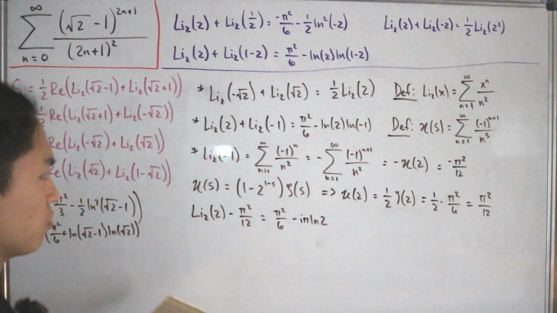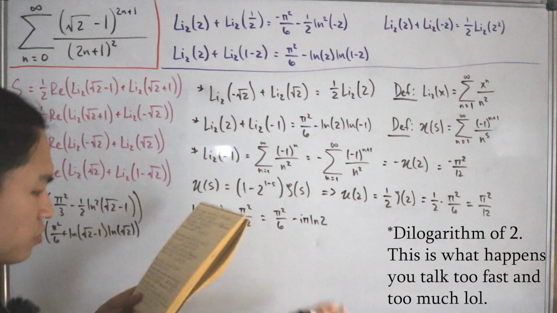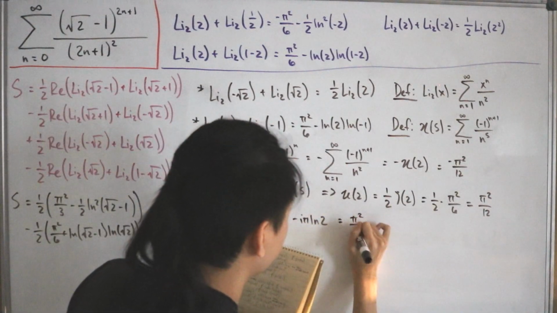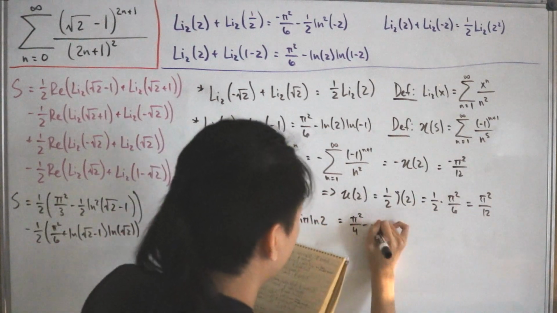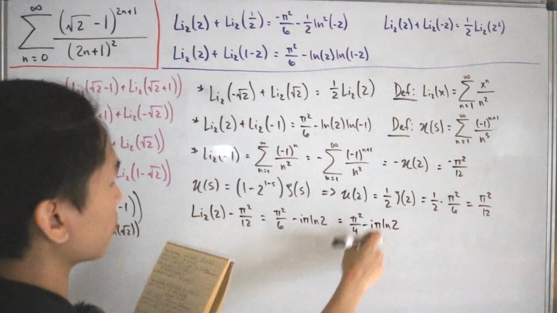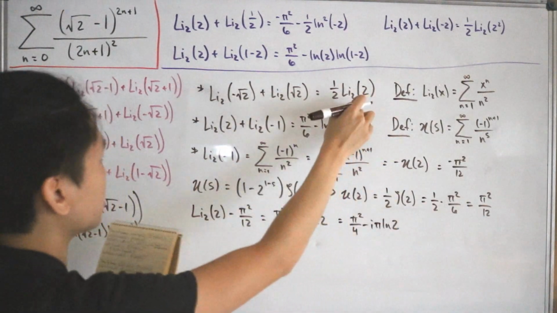If I want the dilogarithm of 2 on its own, I add pi squared divided by 12 on both sides, which yields pi squared divided by 4 minus i times pi times ln of 2. Therefore, we have found that the dilogarithm of 2 is equal to this value.